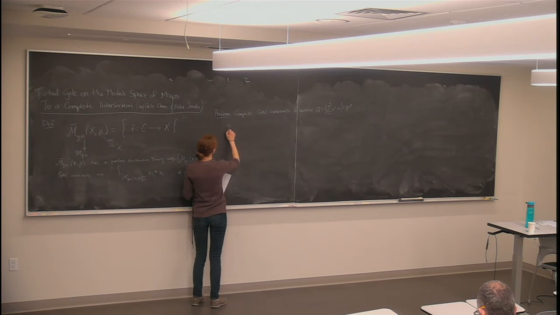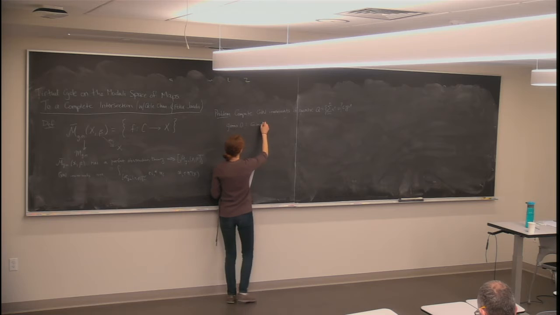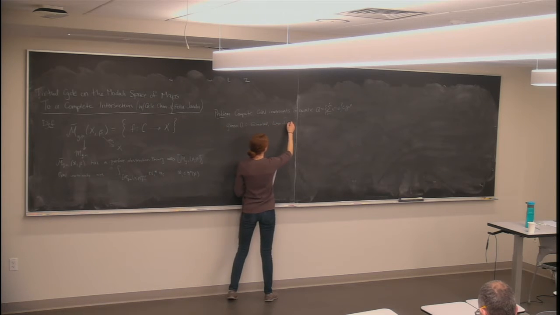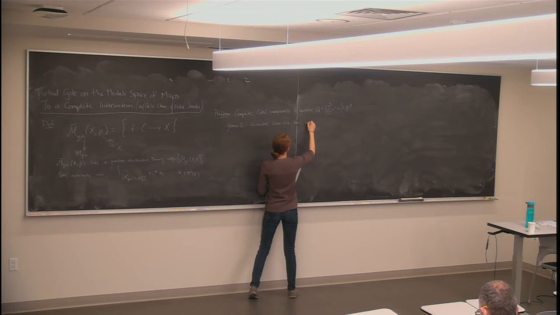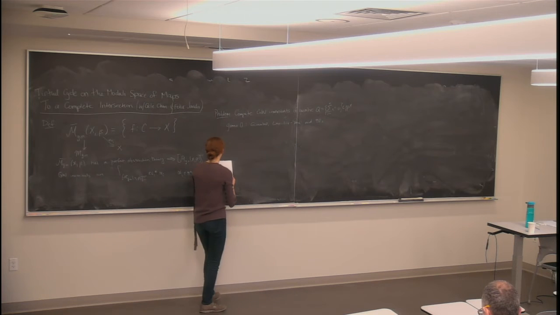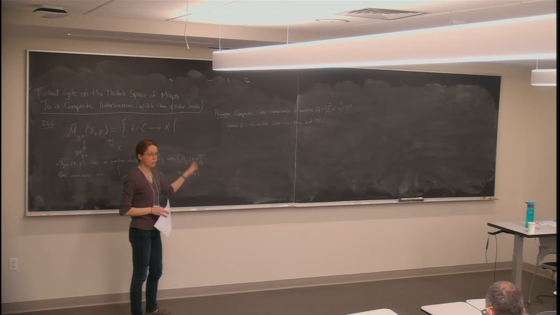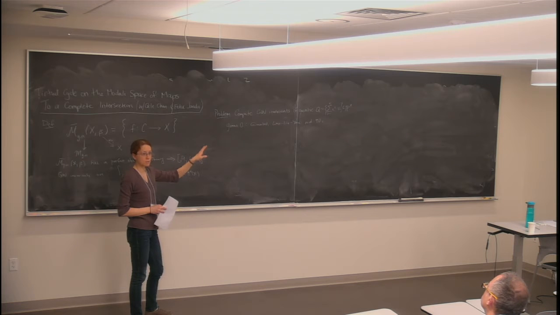In genus zero, this was first done by Givental and Lian-Liu-Yau in the mid-90s. The strategy was to use quantum Lefschetz to relate invariants of the quintic to invariants of the ambient space P4.